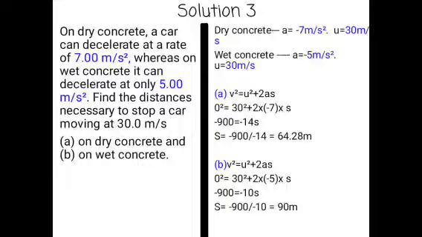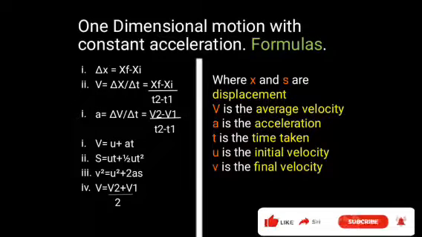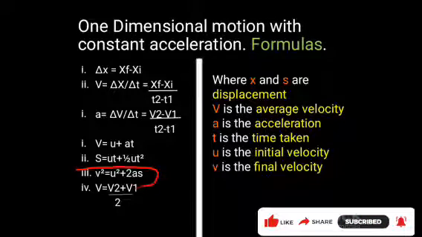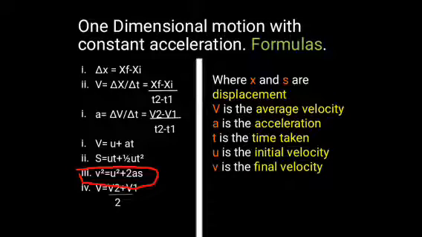Step 2, take a good look at the list of formulas and choose the most appropriate. So here, this is the most appropriate as it has the final velocity, the initial velocity, acceleration and distance.